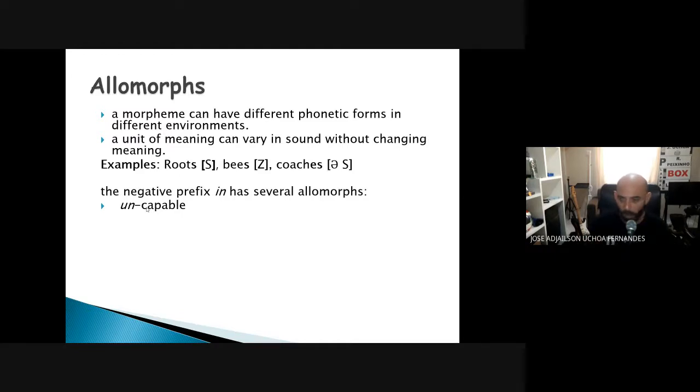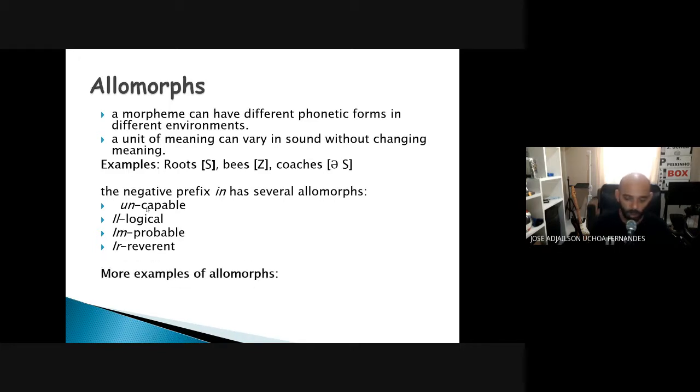But according to the graphic context, they happen to be either in or on or il, as in illogical, or im with an m, as in improbable, impossible, or ir, as in irrelevant, irreverent, and so on.